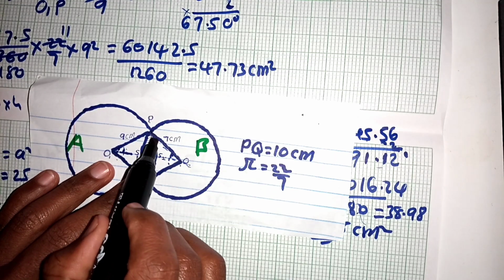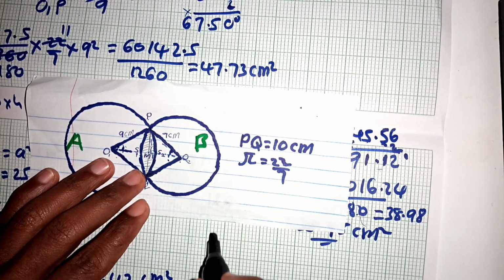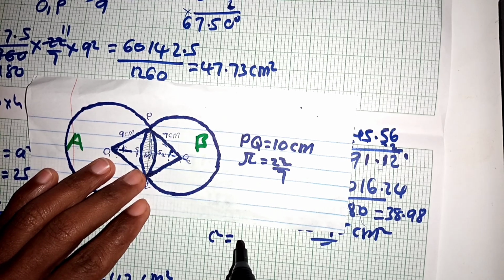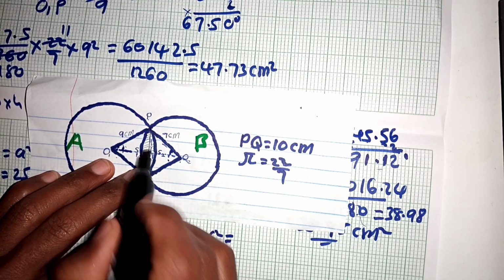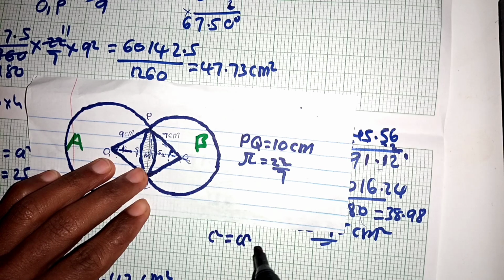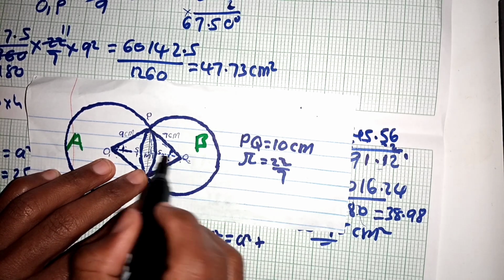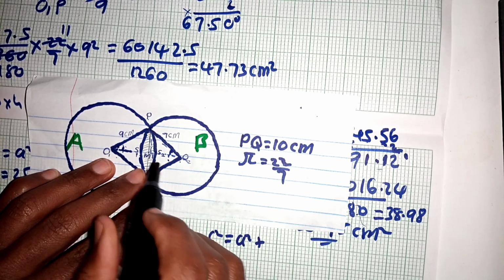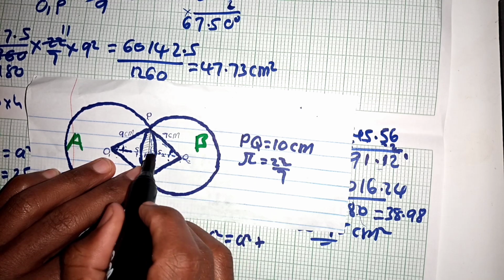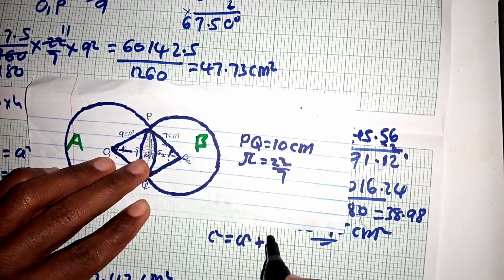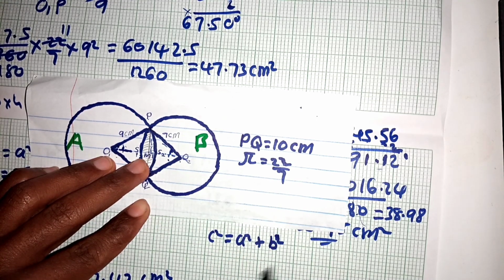This is the longest side, so it will be our c squared is equals to, this side will be a squared and this one will be b, from here to here, because it is what we are looking for, b squared.